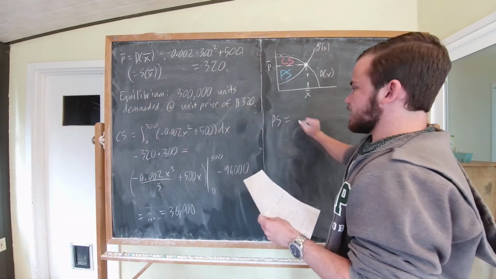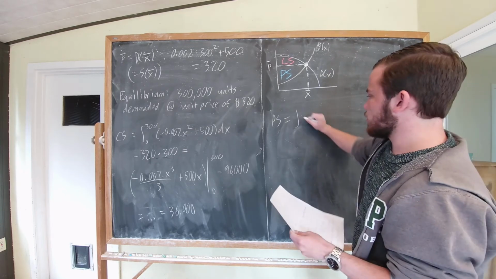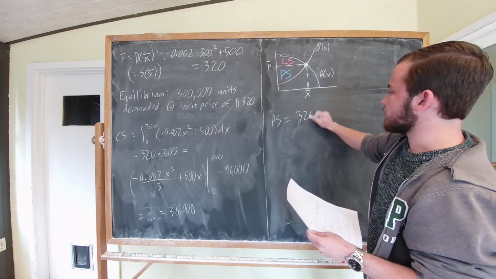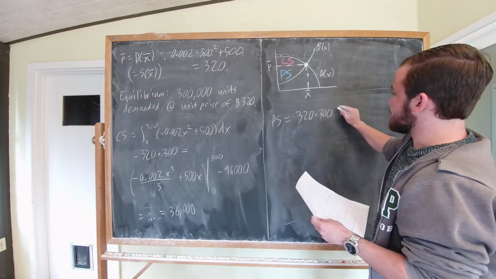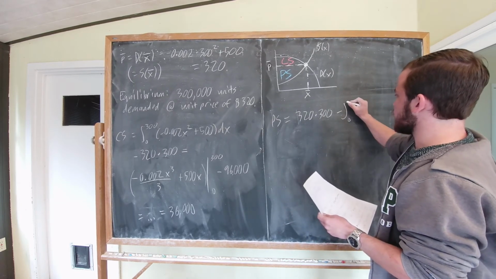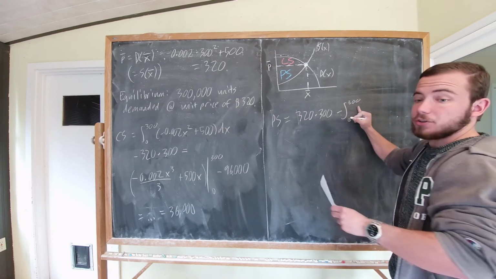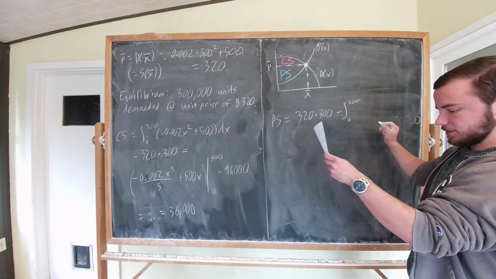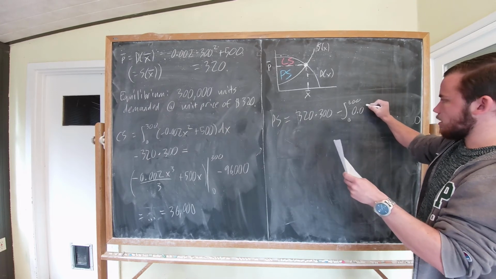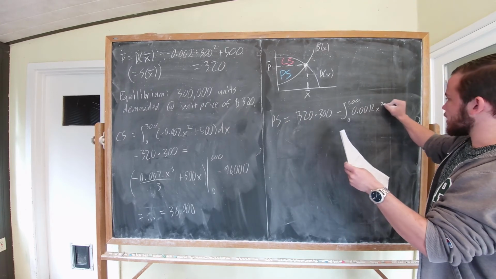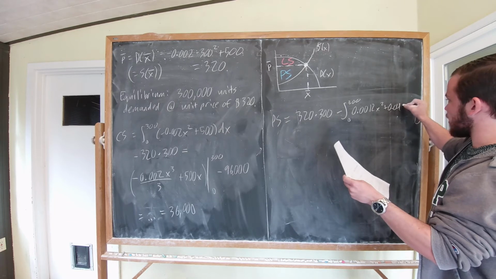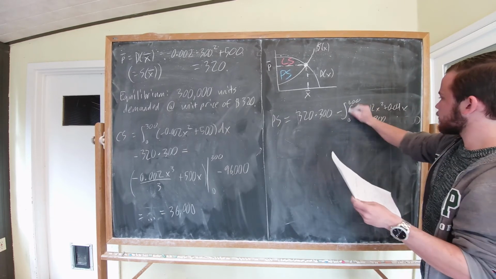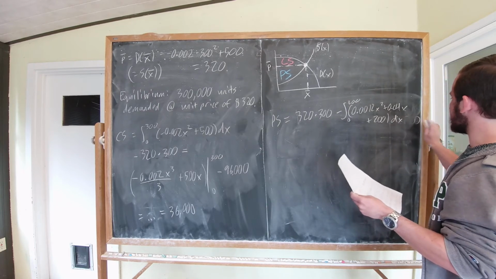Producer surplus is now equal to 320 times 300 minus the integral from 0 to x bar of the supply curve, which is 0.0012x squared plus 0.04x plus 200 dx.